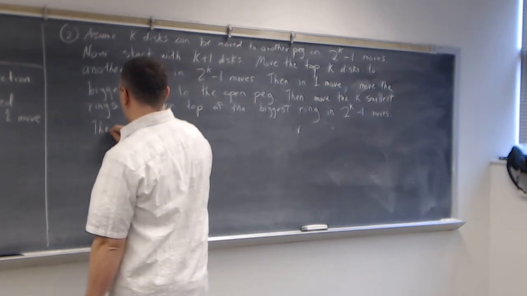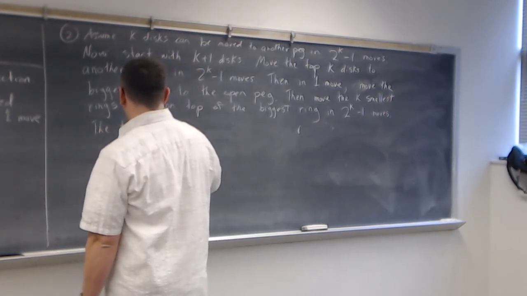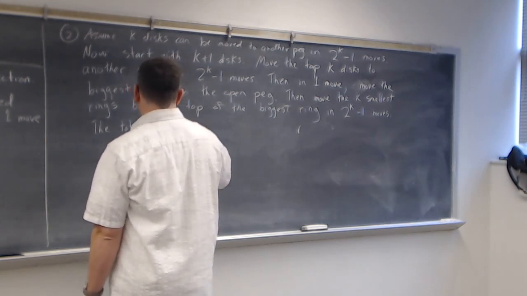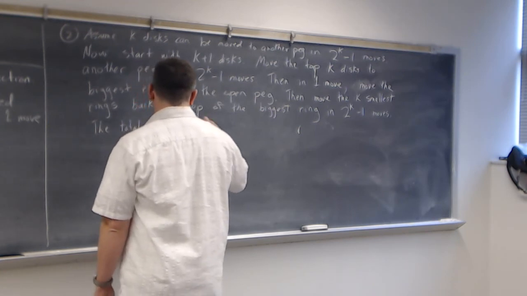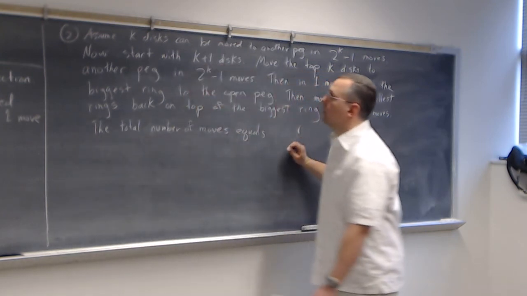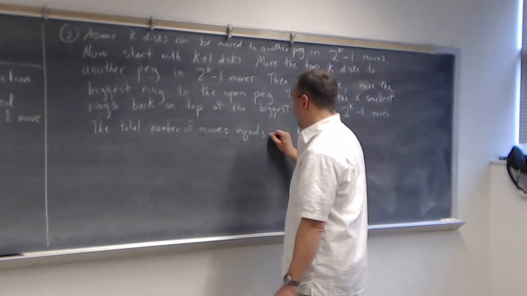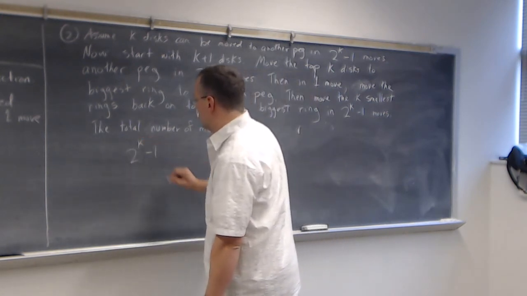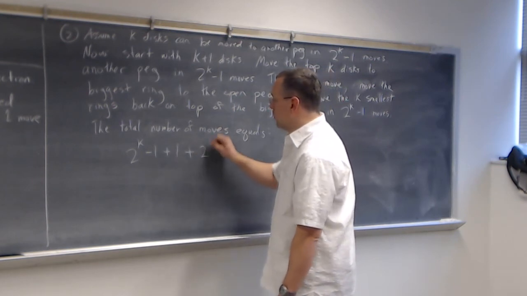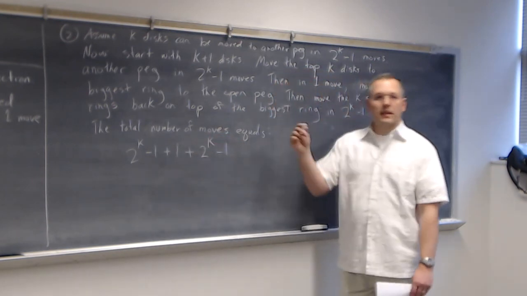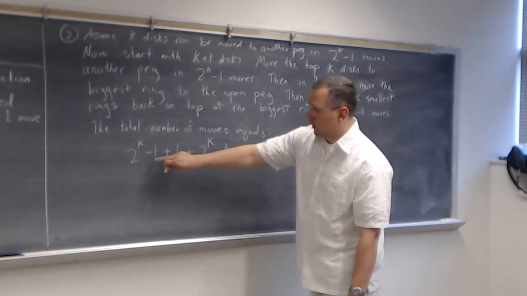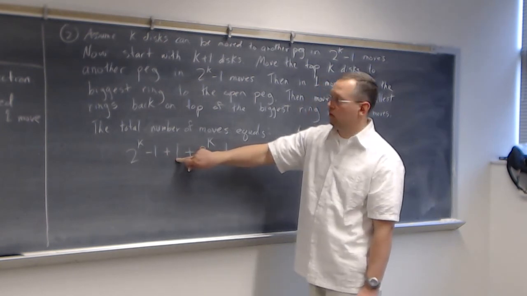So the total number of moves equals, well, we did 2 to the k minus 1 moves, and we did another plus 1 to move the big ring, and then we did another 2 to the k minus 1 moves to restack the top ones back onto the biggest ring. So this minus 1 and this plus 1 cancel out.